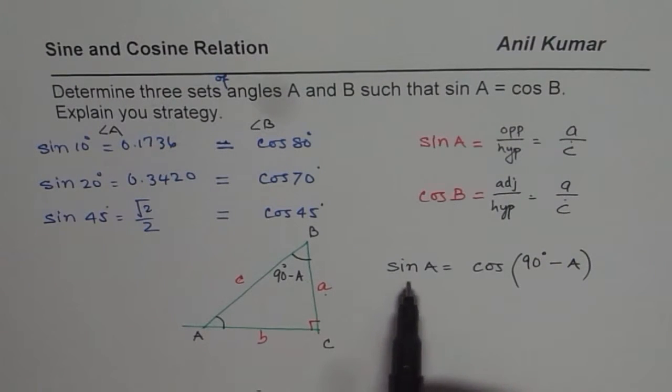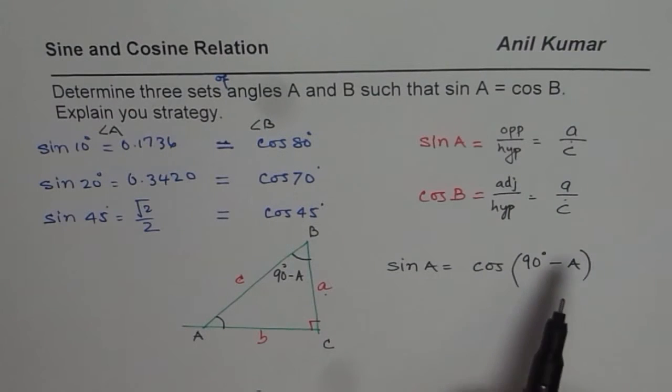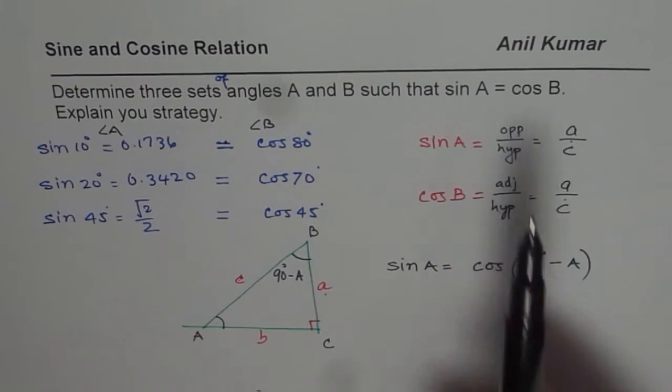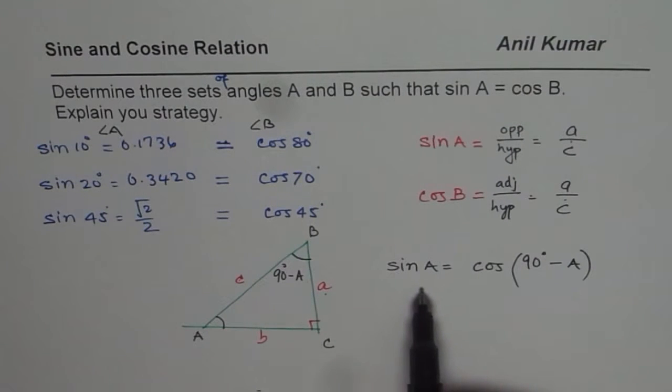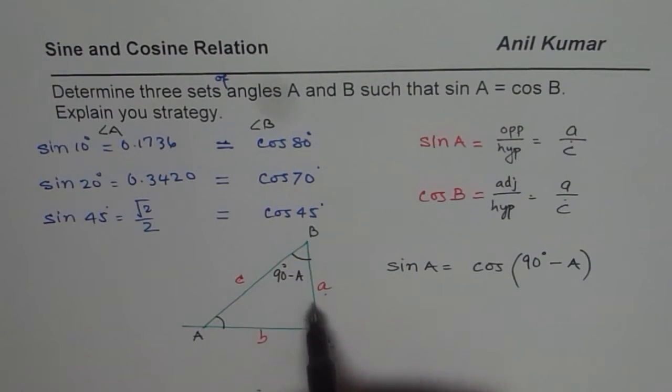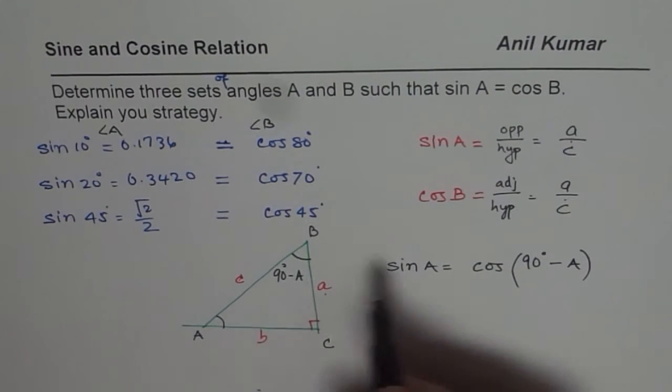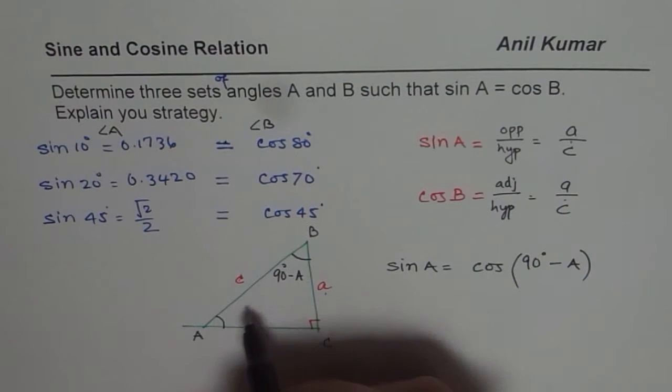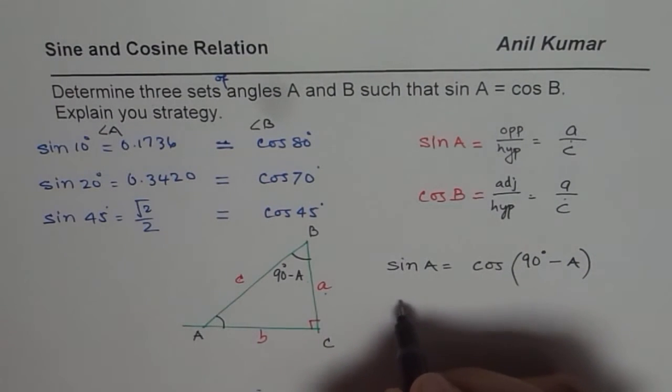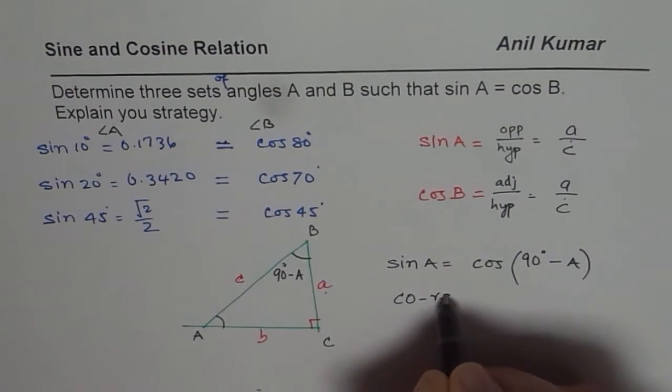So whenever you need to find a set of angles which give the same value for sine A equals cos B, you can always look for angles in a right triangle. We call them co-functions, or correlated angles.